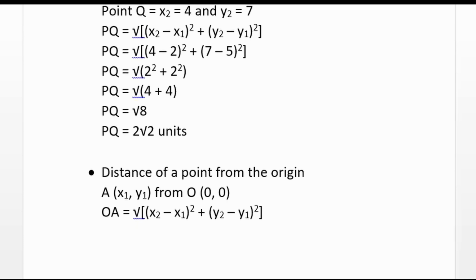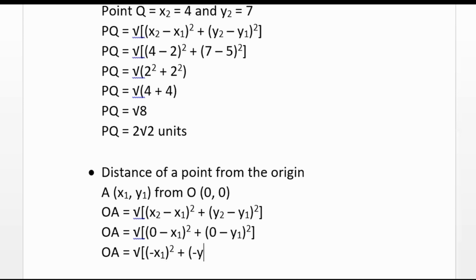Therefore, the coordinates of the origin will be considered as x2, y2. So OA will be x2 is 0 minus x1, y2 is 0 minus y1, square. So we get OA is equal to square root of (minus x1) square plus (minus y1) square.